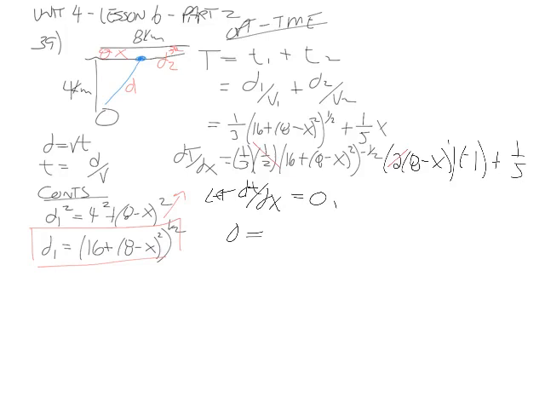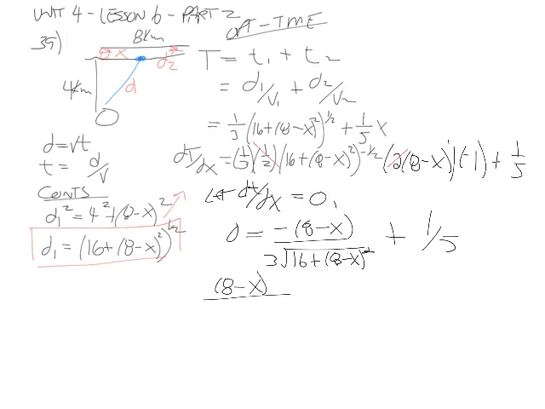And I end up with negative (8 minus x) on top divided by 3 times the square root of 16 plus (8 minus x) squared, plus 1/5. All right, so moving that over, I'm going to have (8 minus x) over 3 square root of [16 plus (8 minus x) squared] equals 1/5.